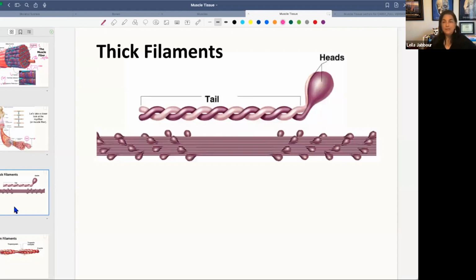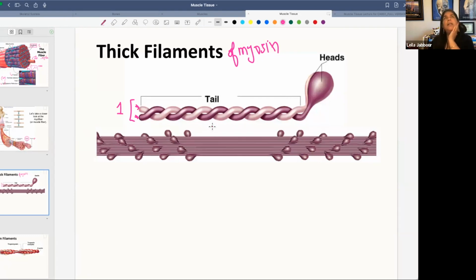So the thick filaments are called thick filaments of myosin. And as you can see, we actually have two polypeptides to make up one myosin molecule. Two polypeptides that are intertwined with each other, so they can form one molecule.